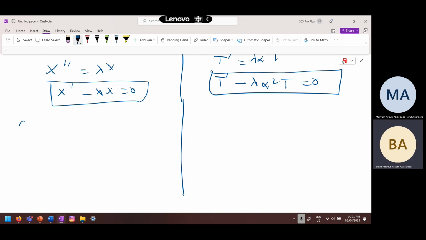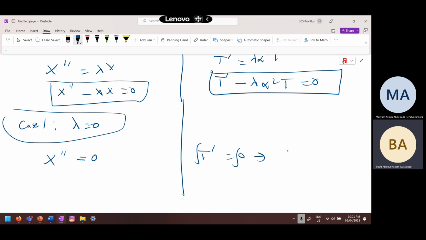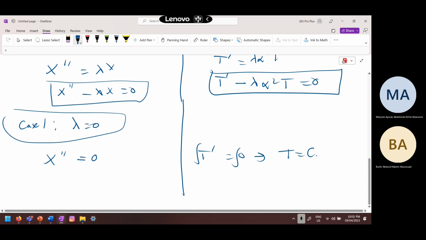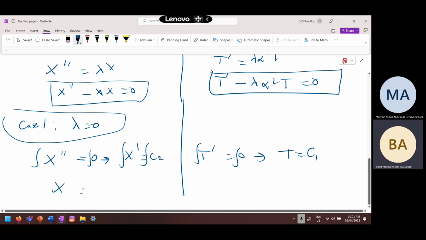Now as for case 1, lambda is equal to 0. This will give you that X double prime equal to 0. As for this, T prime equal to 0, integrate both sides, you'll get T is equal to c1. Integrate both sides, you'll get X prime is equal to c2. Integrate again, X will be equal to c2 x plus c3.